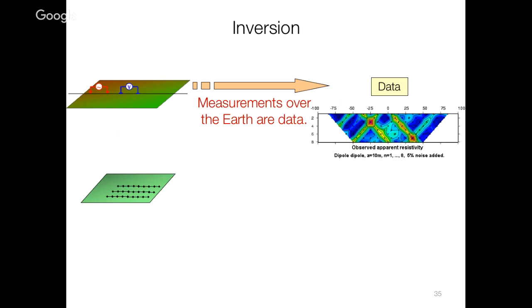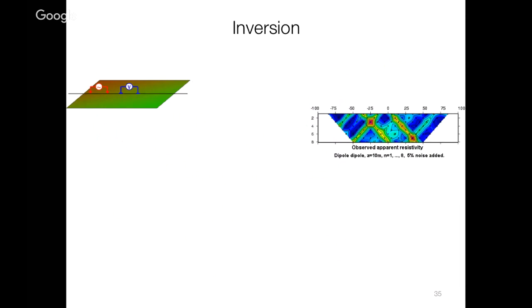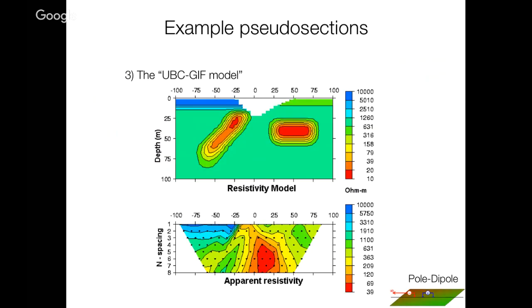What's the true value of the pseudo-sections? Some people think that it can be an imaging of the earth, but in most cases it's not. It's the foundation of the data.